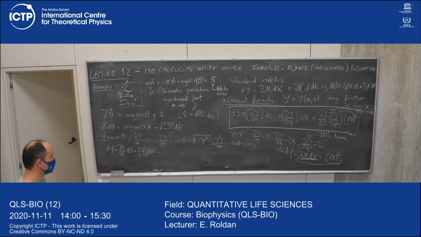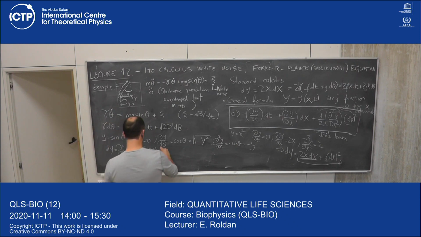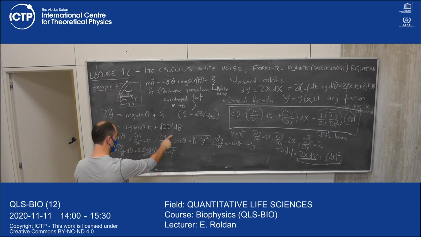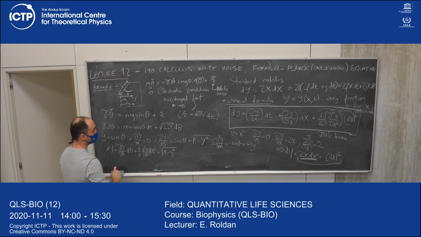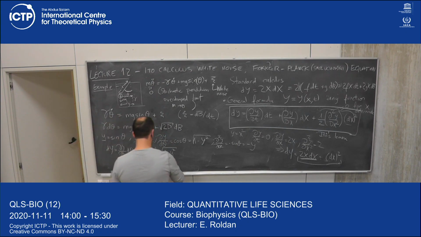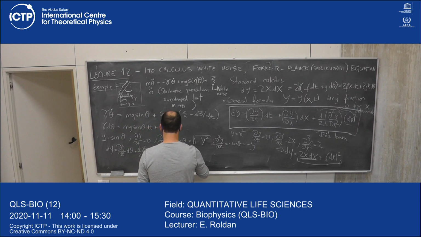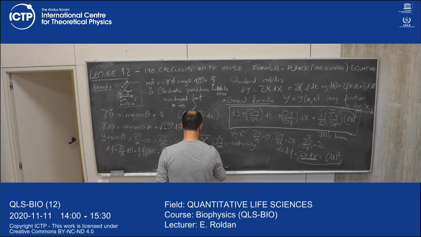The first partial y with respect to theta is the square root of 1 minus y squared. d theta is divided by gamma, exactly, so there will be a gamma factor, and d theta will be mg y dt plus square root of 2d dB.